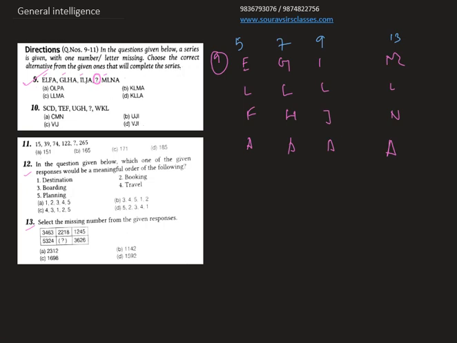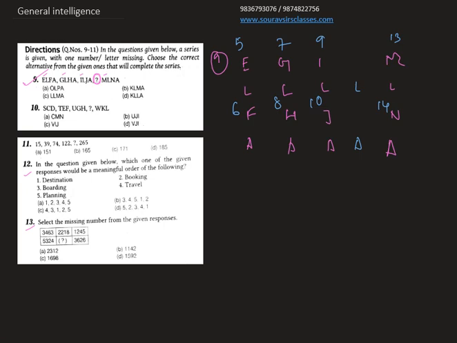Here we only have L, therefore in the fourth position we also have L. Now come to the third row. The number corresponding to F is 6, H is 8, J is 10, N is 14. And in the fourth row we only have A's, therefore in the fourth position we also have A.